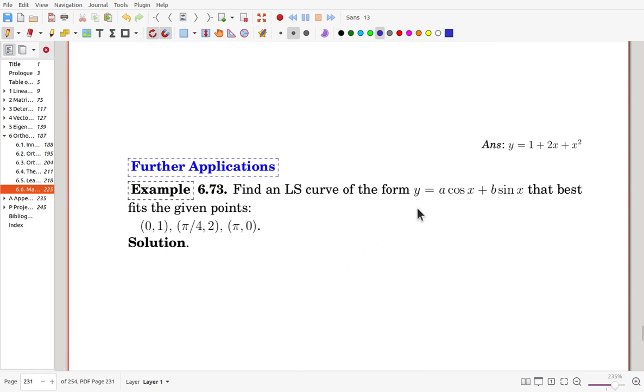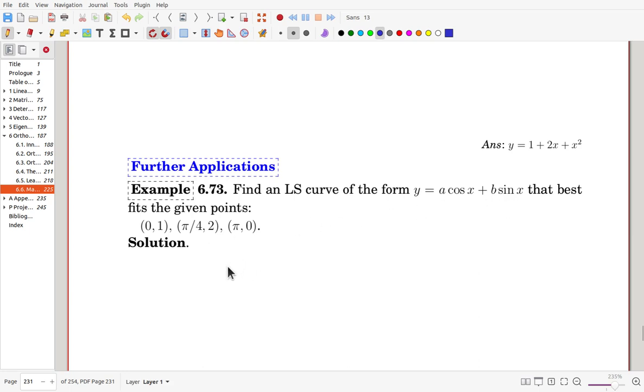Assume that once you look at the data points and make a scatter plot, it looks like a combination of cosine x and sine x. Then your least squares curve can be formulated in this way, and you have to find A and B so that the curve best fits the given data points.